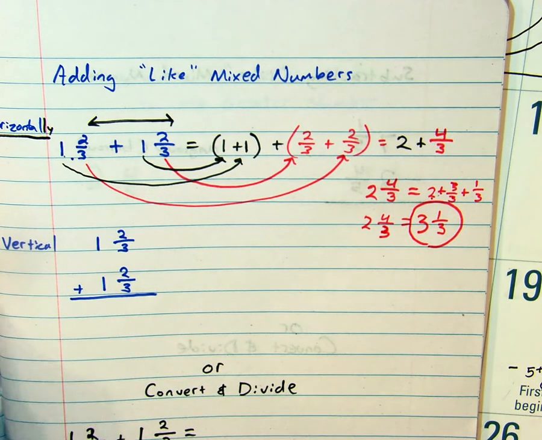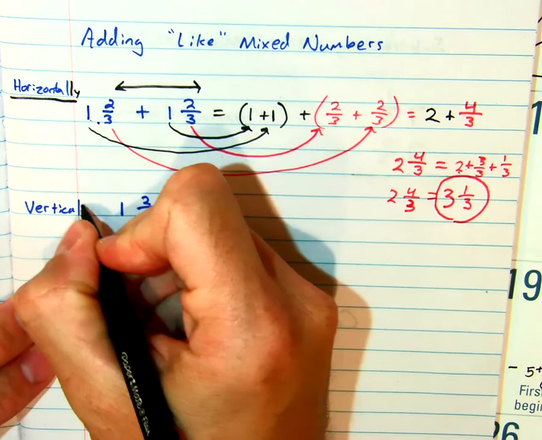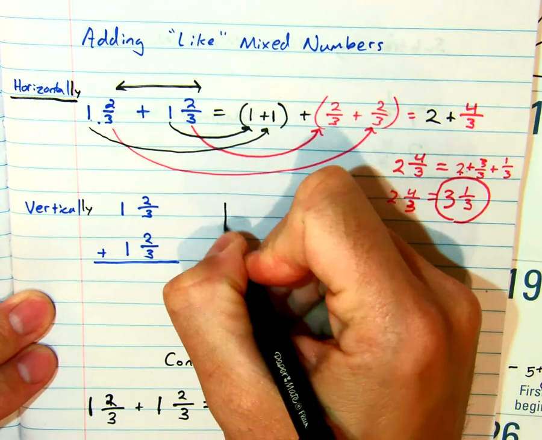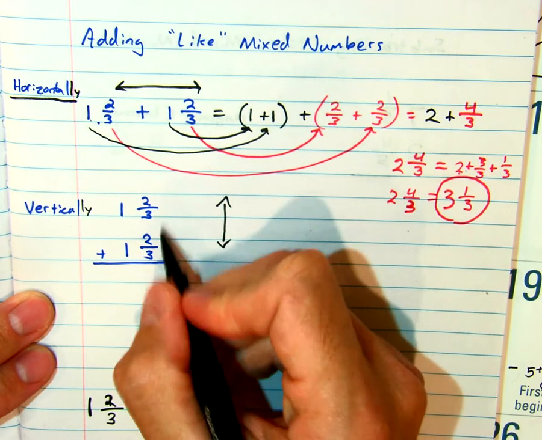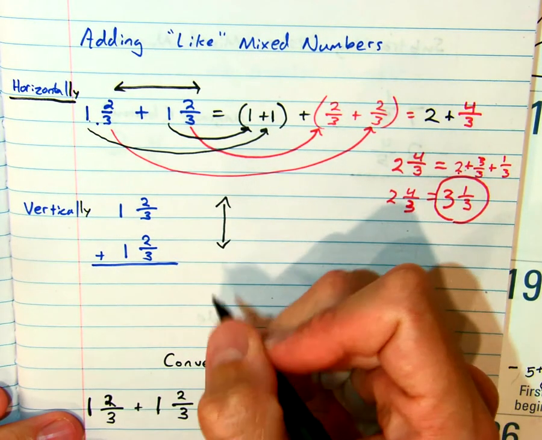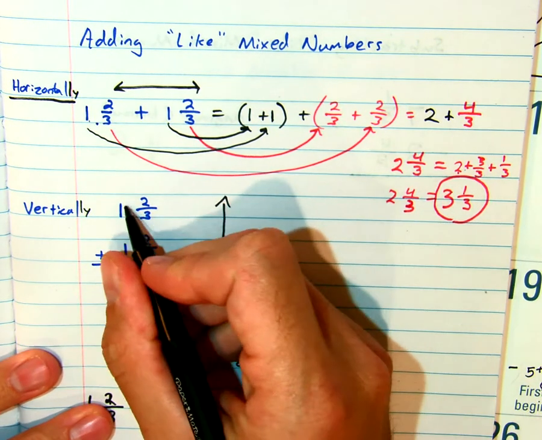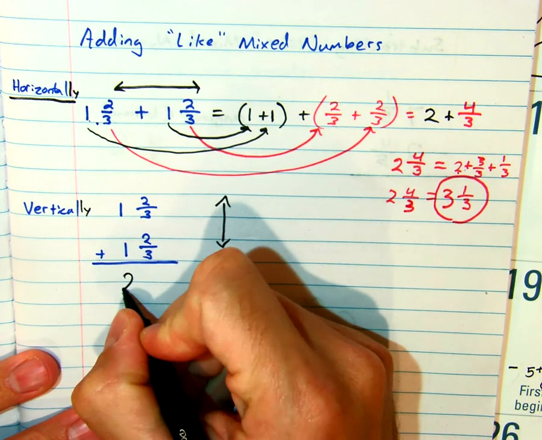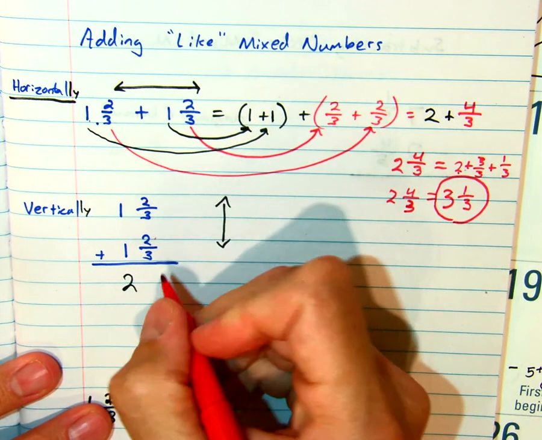All right, let's do that similarly but vertically. So vertically, that means north to south. We're starting at the top and moving down. So same thinking here. Let's go ahead and add up our parts. 1 plus 1 is 2. 2 plus 2 is 4.